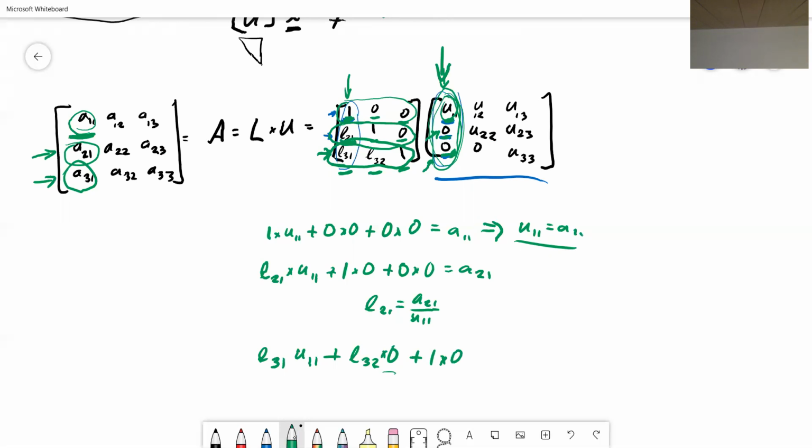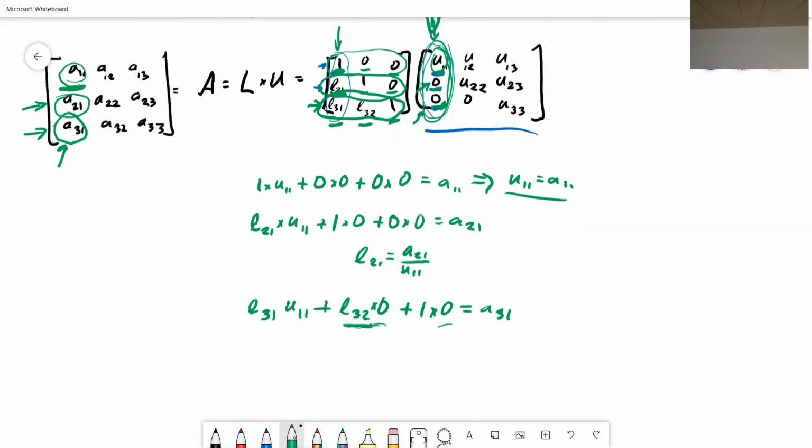Here we're leveraging that these zeros get rid of the guy which we don't know. And if L was bigger than 3 by 3, those would also disappear. So all these equal A31. So we have that L31 equals A31 over U11.